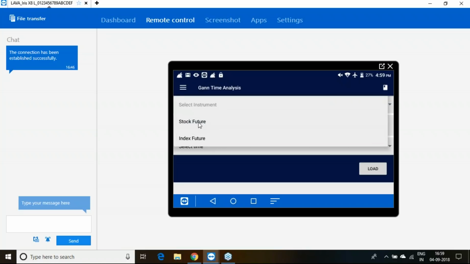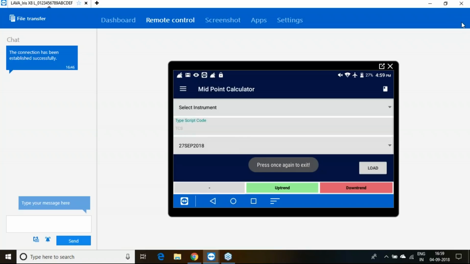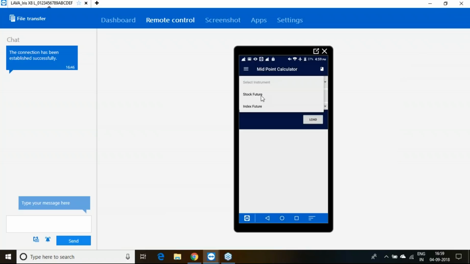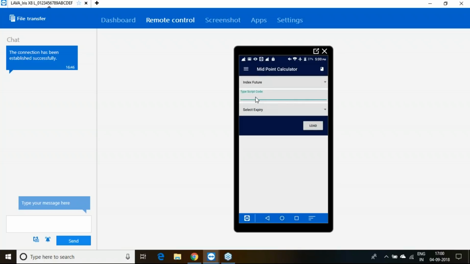You can choose the instruments in the same way. So I am choosing the Nifty, selecting the expiry, and hitting the button. This will give me the uptrend and downtrend.